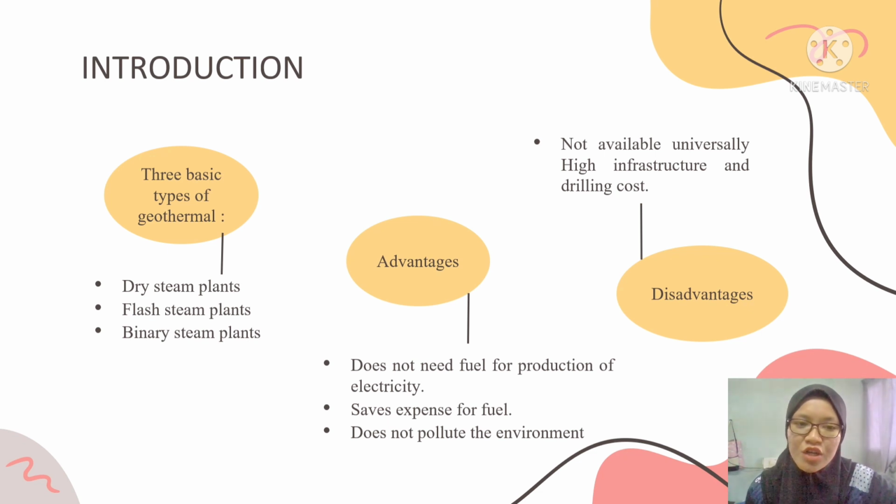The advantage of geothermal energy is it does not need fuel for production of electricity. It saves expenses for fuel and it does not pollute the environment. However, the disadvantage of geothermal energy is it is not available universally, and it has high infrastructure and drilling costs.